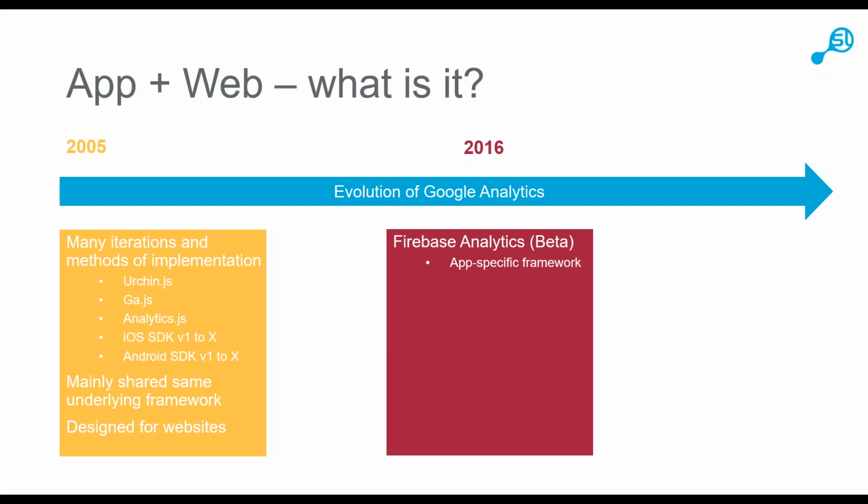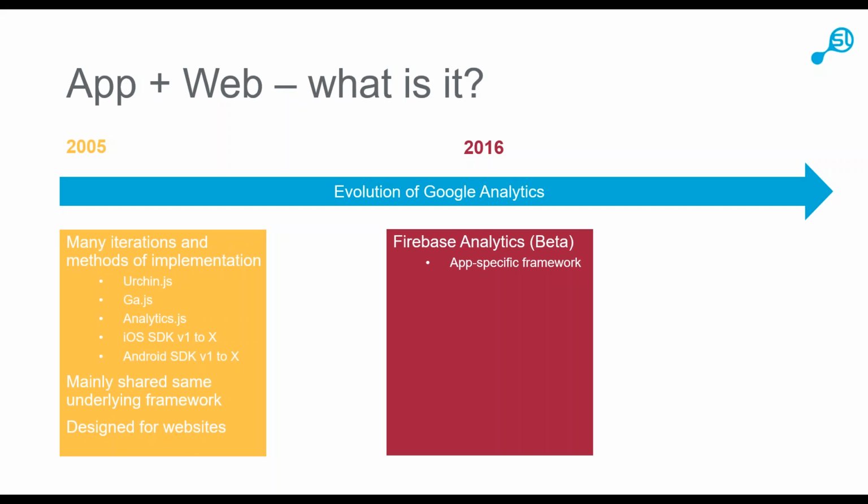Apps got bigger and bigger, and in 2016, Google introduced Firebase, which was their app platform, and with that, Firebase Analytics, which has been in beta for a few years, and that was a very specific app-specific framework.